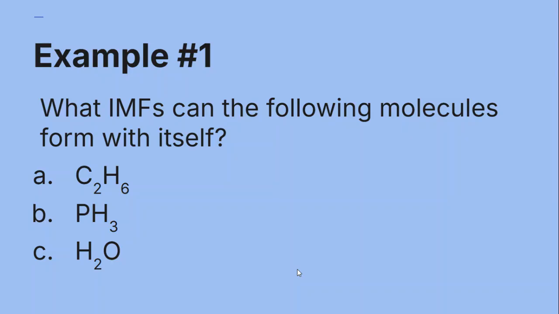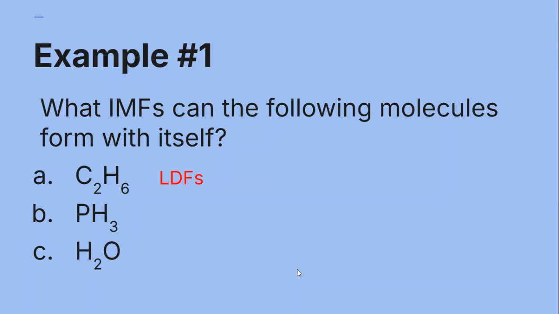There are no non-bonding electrons on the carbons at all, which makes C2H6 nonpolar. Whenever you have a nonpolar molecule, the only IMF that it can form are LDFs. That's the only thing it can form. There's no dipole. It's not polar. I do not have an oxygen-hydrogen, fluorine-hydrogen, or nitrogen-hydrogen bond. So it's just LDFs.